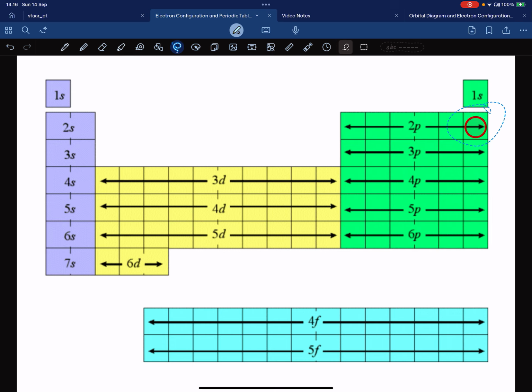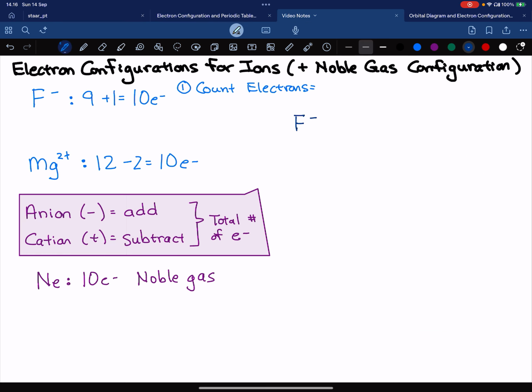That's the one with 10 electrons. Okay? So I'll make myself a little note right here. This is the one with 10. All right. So I'm going to start here at the 1s. There's 2 electrons can be in the 1s, so I'm going to have a 1s2.